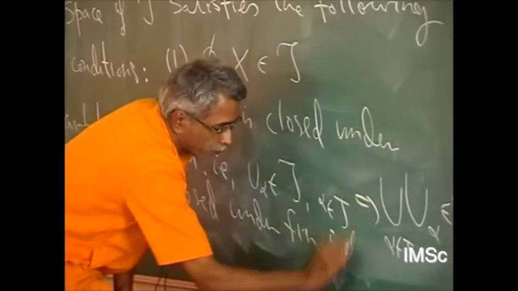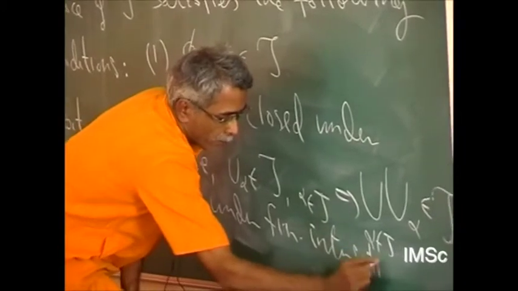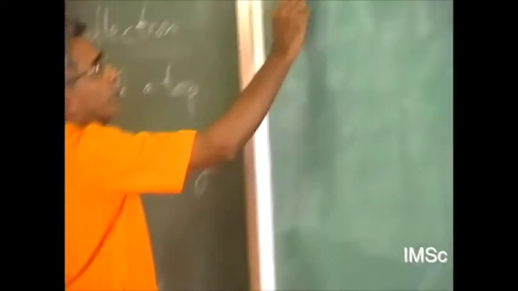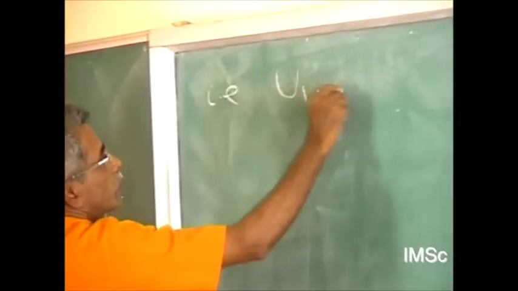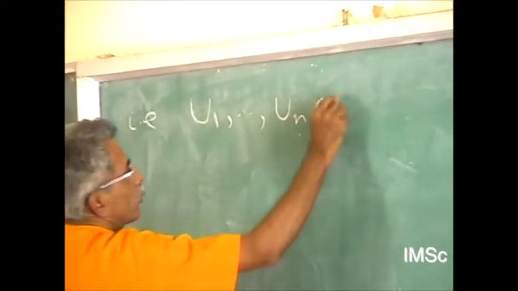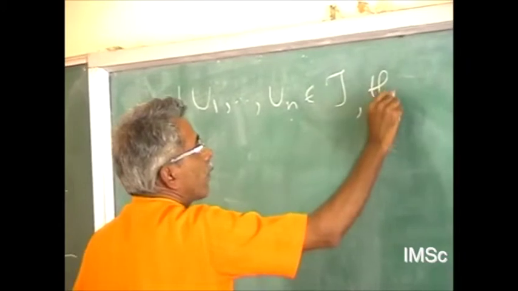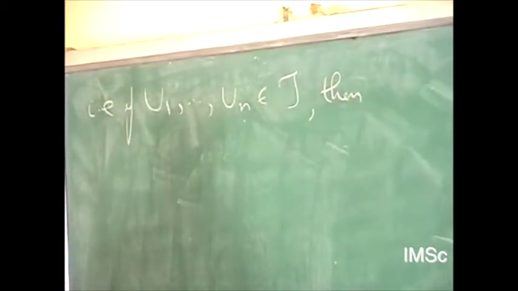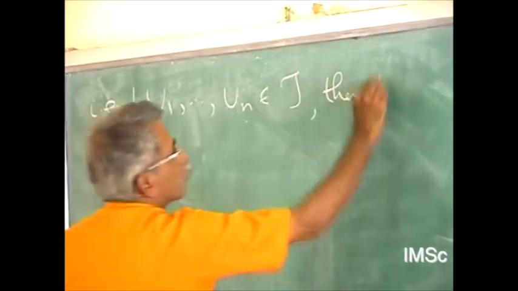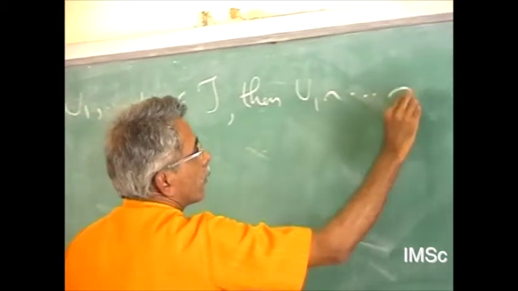That is, suppose U1 and U2 are in tau, then so is the intersection U1 intersected with U2.